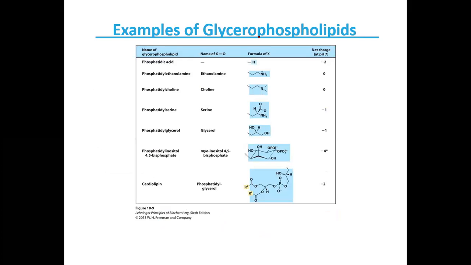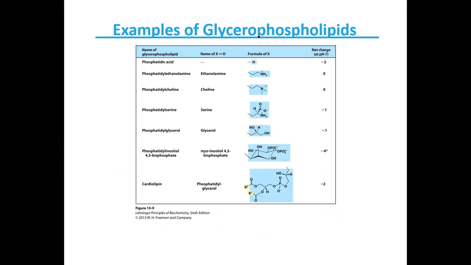These are the examples of the glycerophospholipids. Phosphatidic acid may be present. Phosphatidylethanolamine, ethanolamine is present. Phosphatidylcholine, choline may be present.